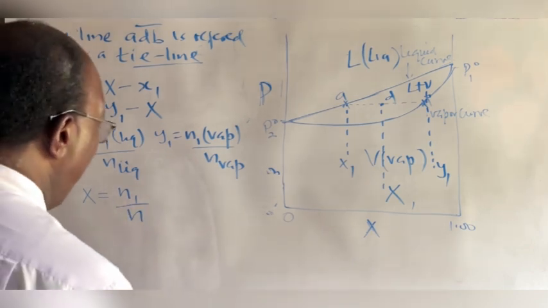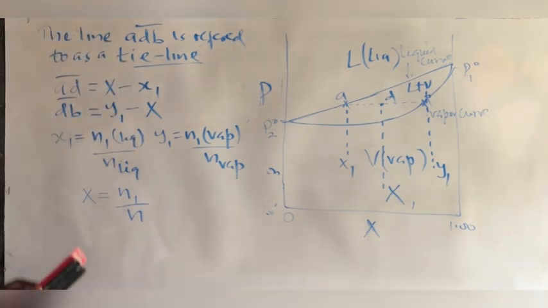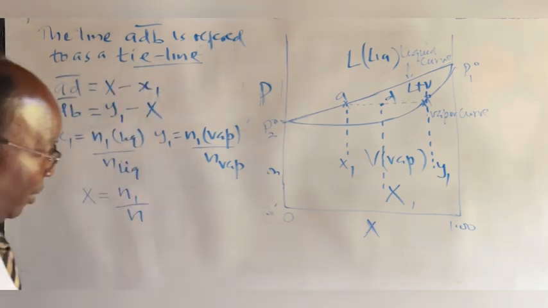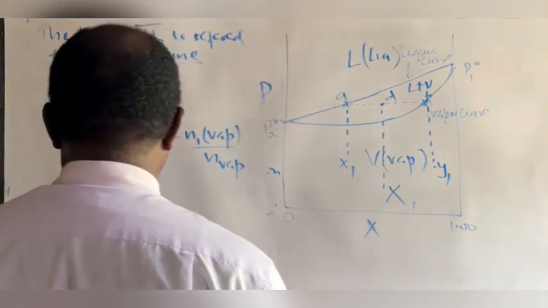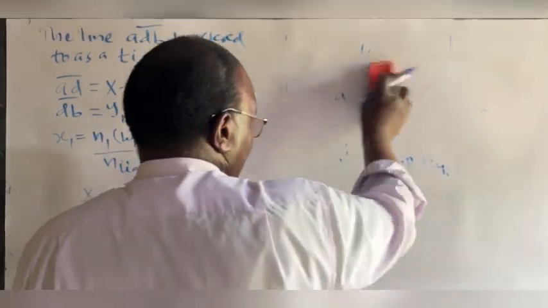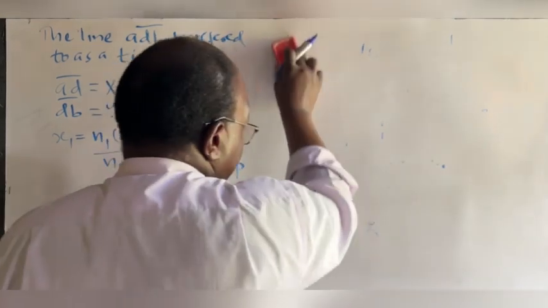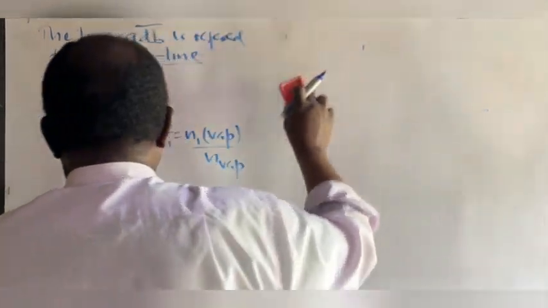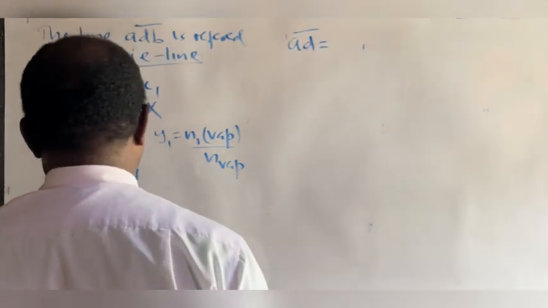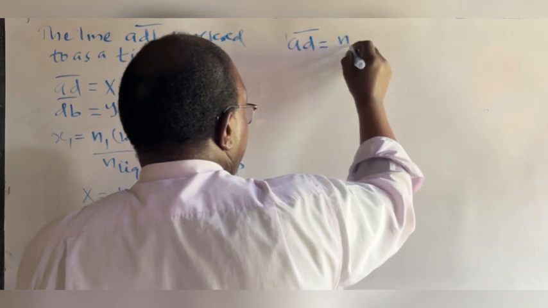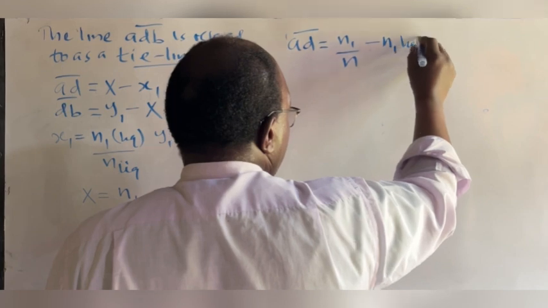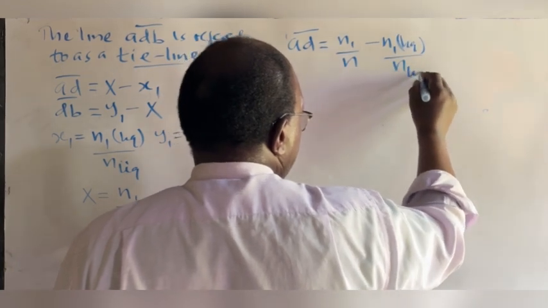Now, how do we proceed? Let us put in these new definitions of the mole fractions in the expressions for the segments there. Now, what do we have for AD? Segment AD, line segment AD, is N1 over N minus N1 liquid over N liquid.